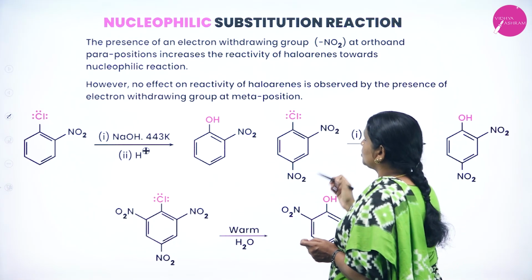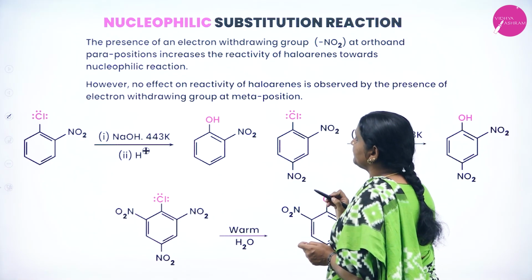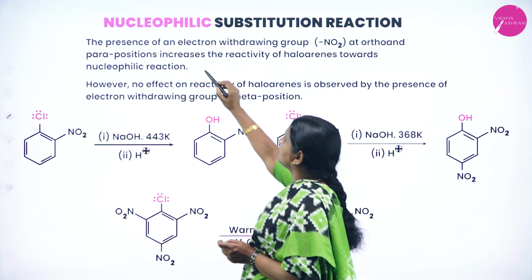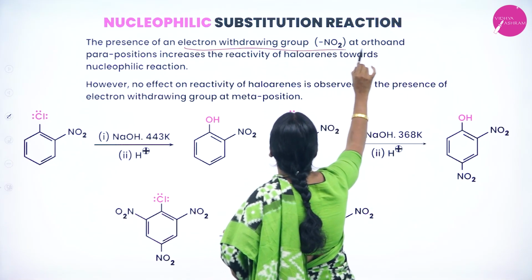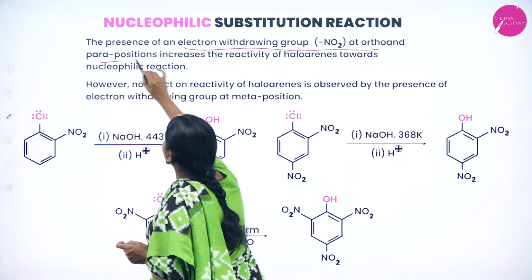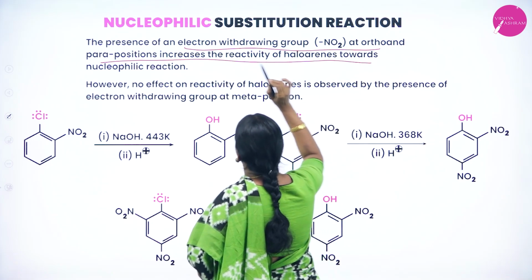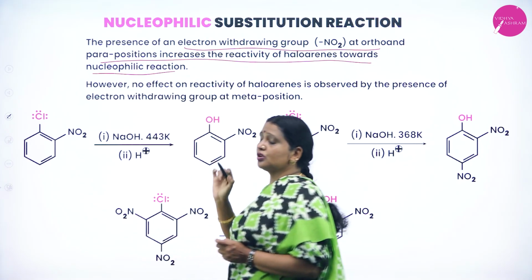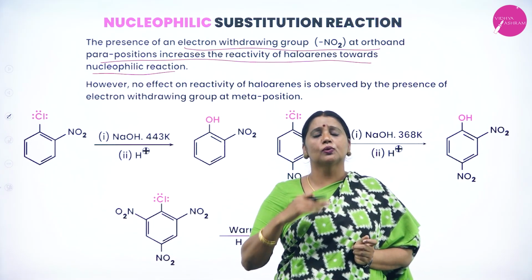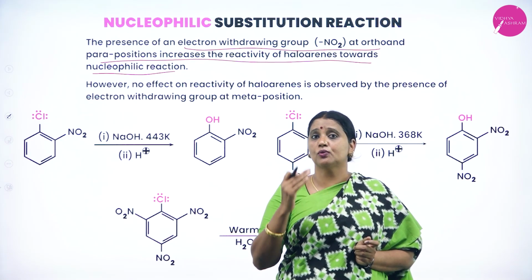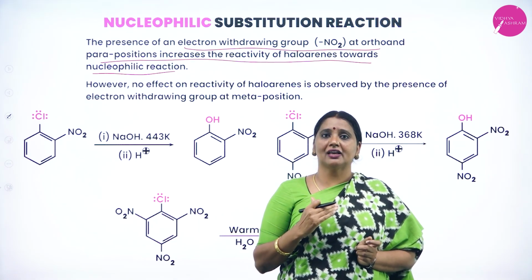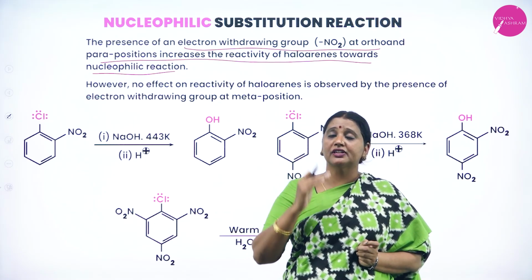Next, electrophilic substitution or nucleophilic substitution. The presence of an electron withdrawing group NO2 at ortho and para position increases the reactivity of haloarenes towards nucleophilic substitution reaction. If you want to increase the reactivity of haloarene, introduce an electron withdrawing group.